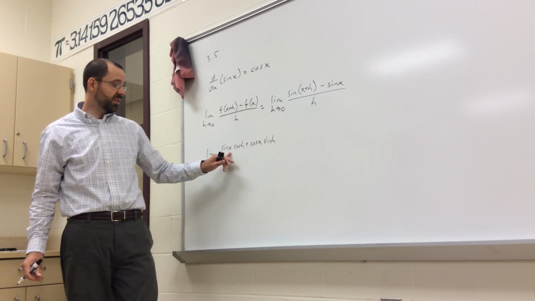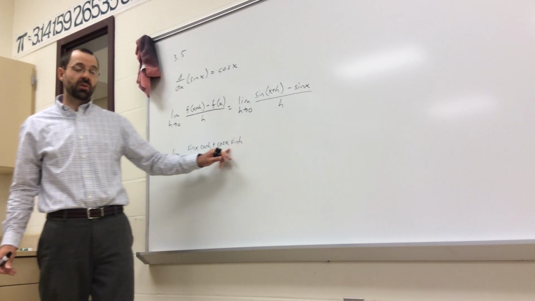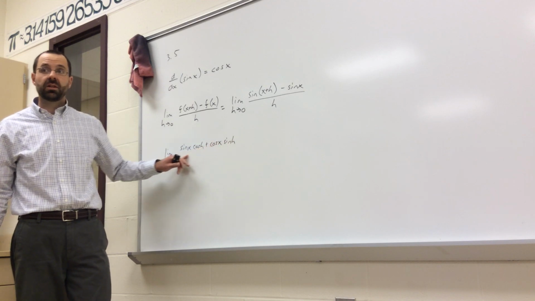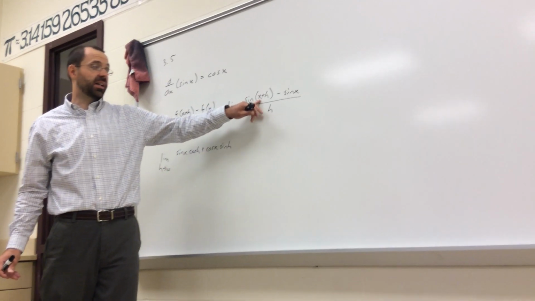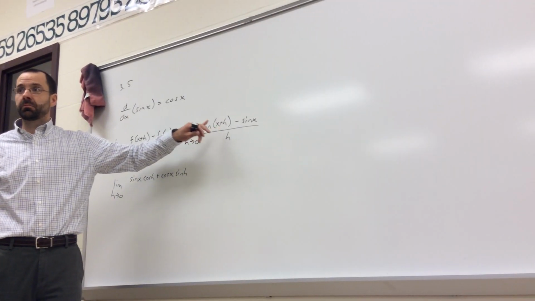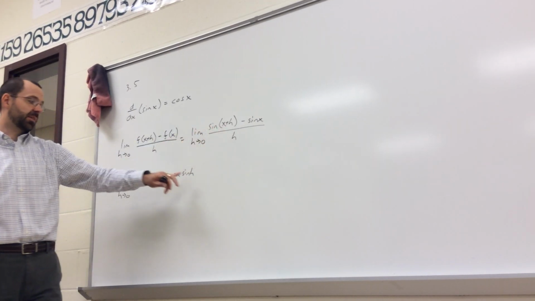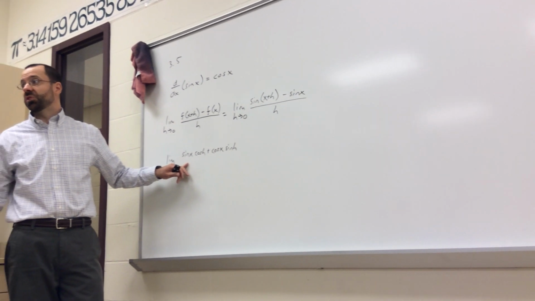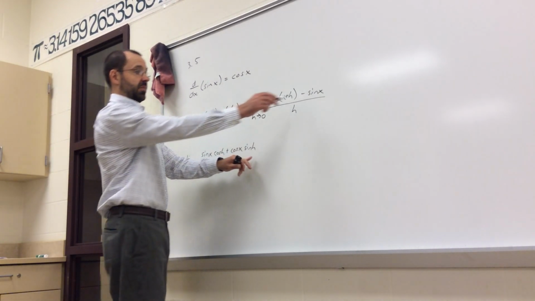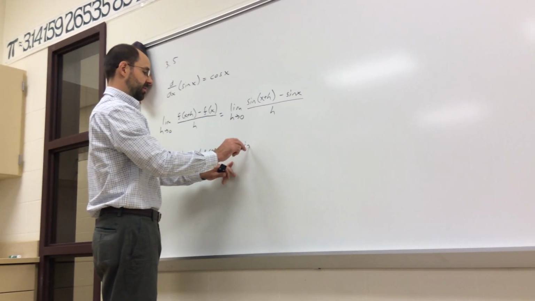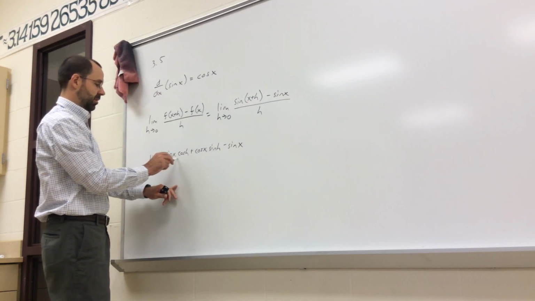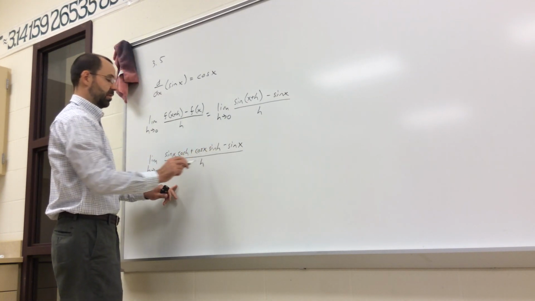So all of this whole big thing is equal to the sine of x plus h. There was just an identity last year that said that was the same as this, so I'm just using that. Then after that we have minus sine of x over h.